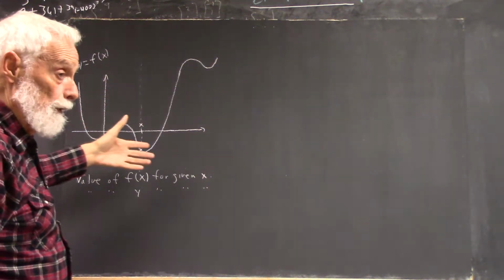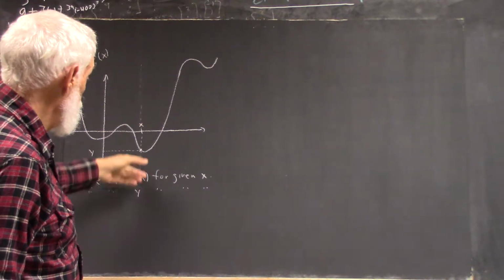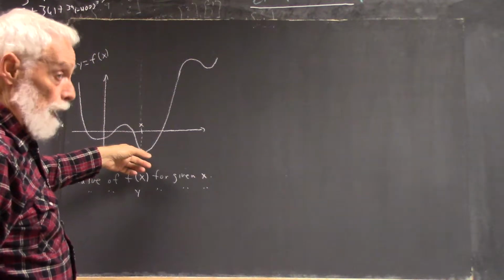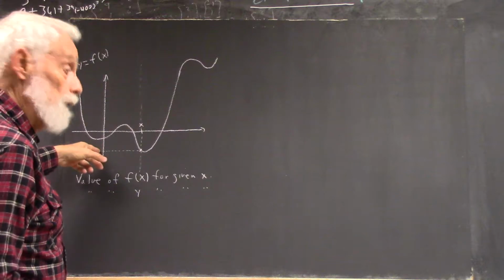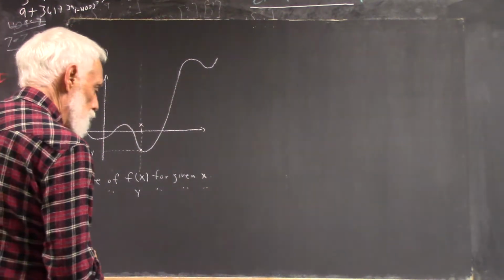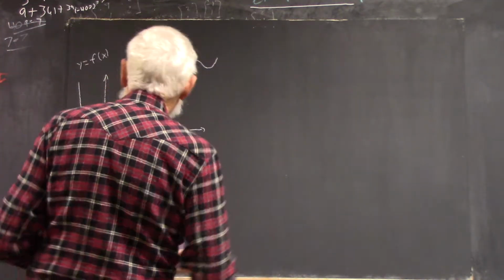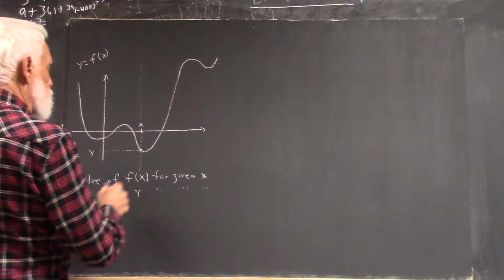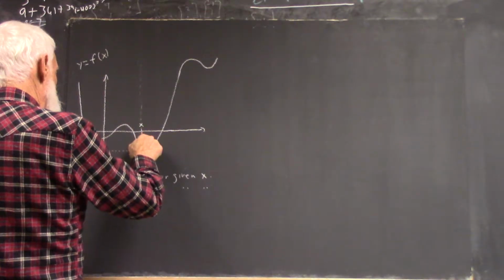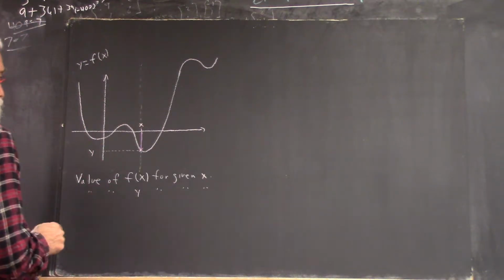You want to understand the logic of it, though. X values are the same everywhere in this vertical line. You find a point on the curve that has that x-coordinate, and you find its y-coordinate. Okay, that's how you find the value of y for a given x. We can represent the value of f of x by an arrow.